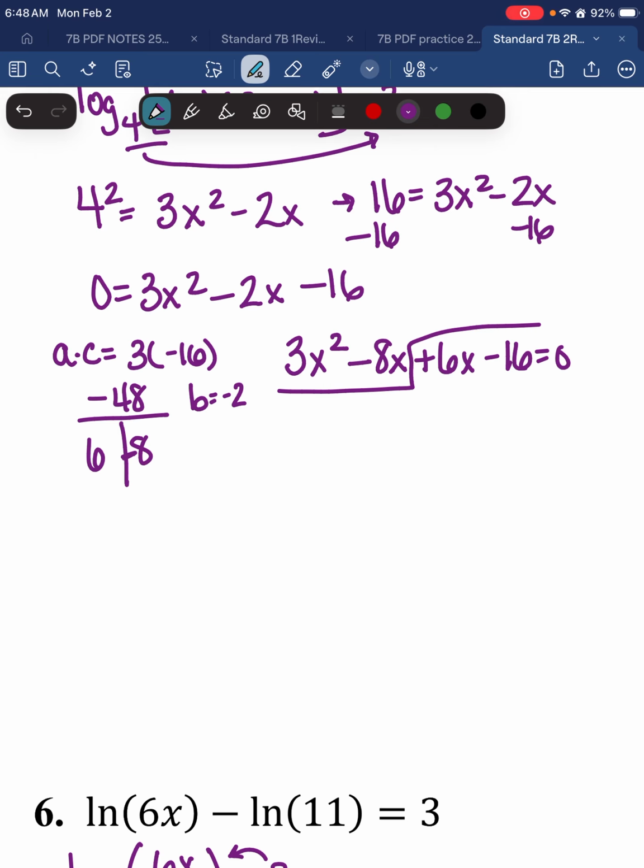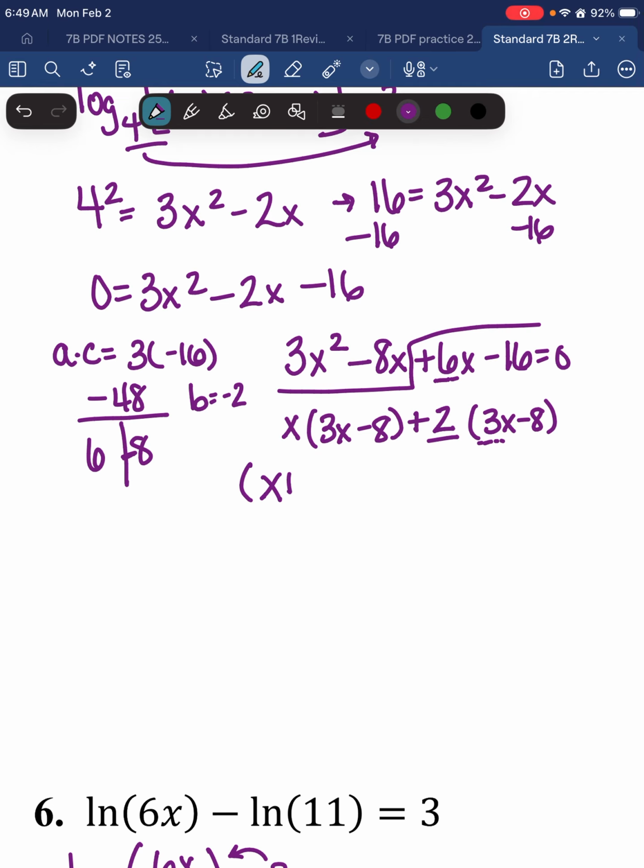I purposely put 8 in front because 3 and 8 have nothing the same. You put 16 or 6 in front and you pull out a 3. In my grouping, I have x being the same, so I have x times 3x minus 8 plus some number times 3x minus 8. 6 divided by 3 gives me 2, and 2 times the negative 8 is negative 16.